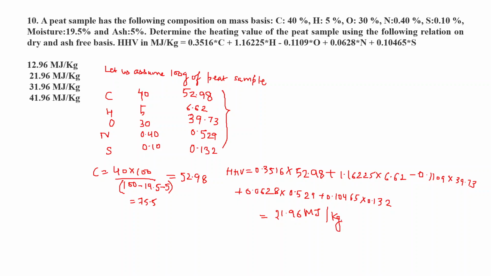So the higher heating value on dry and ash-free basis is 21.96 megajoule per kg. Is this clear to you all? At least say yes or no.